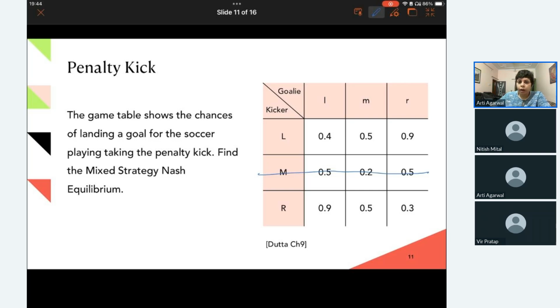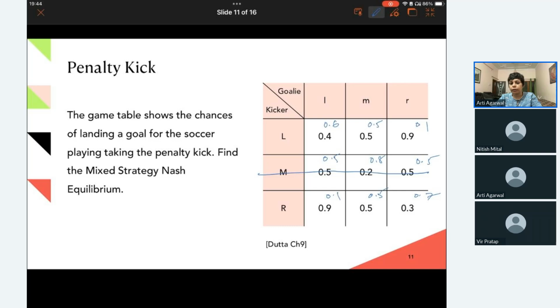Delete M. And now if we calculate the payoffs for the goalie, it will not be exactly the same. Okay, let's write down the payoffs 0.5, 1, 0.5, 0.8, 5.1, 5.7. These are the payoffs of the goalie, right? What I've written in ink. So now, which strategy is looking like it is not doing too good?